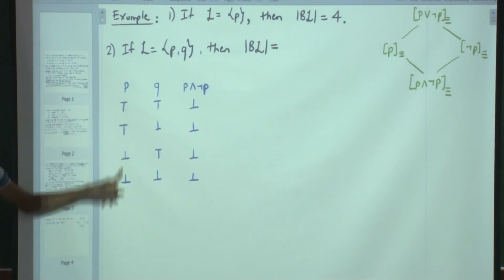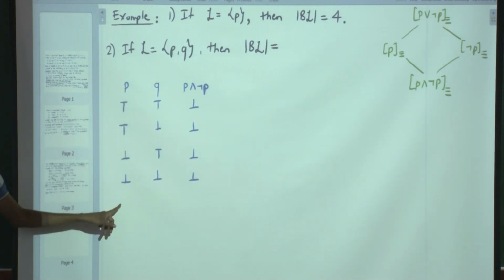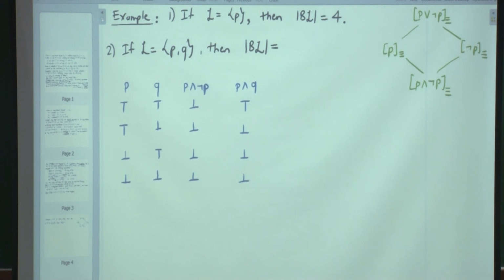So, can P be an atom? Tell me something which can be an atom. P conjunction Q. P conjunction Q will have only 1 T, and then the rest of them will be false.